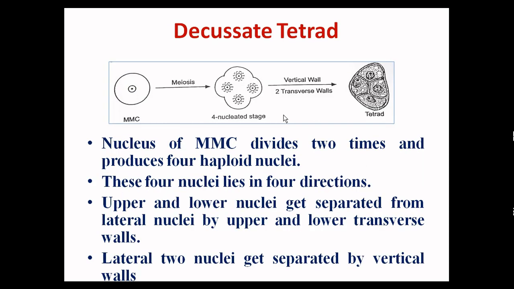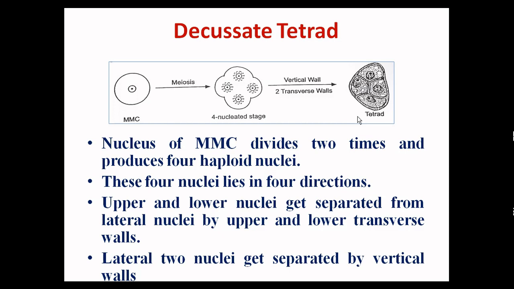The next type is the decussate tetrad. Here the nucleus of the microspore mother cell divides two times and produces four haploid nuclei, and these four nuclei lie in four directions. The upper and lower nuclei get separated from the lateral nuclei by upper and lower transverse walls, and the lateral two nuclei get separated by a vertical wall.